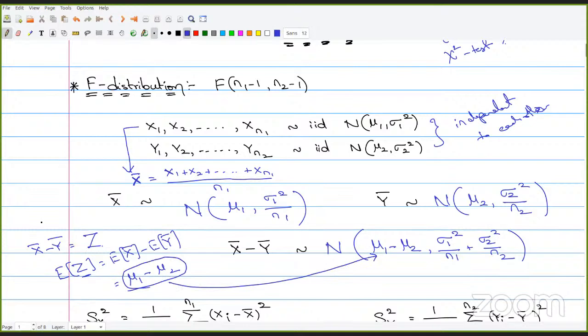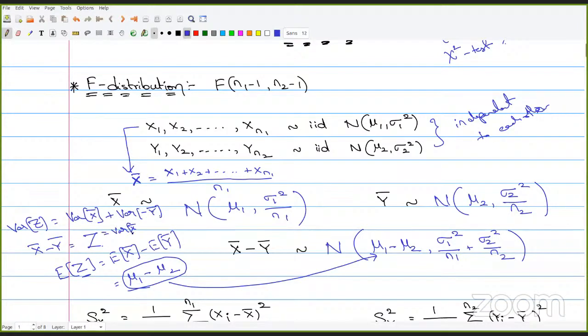And what is the variance of z? It is the variance of x bar plus (minus 1) times y bar. Minus 1 is a constant, so if I bring it out it becomes minus 1 whole square.